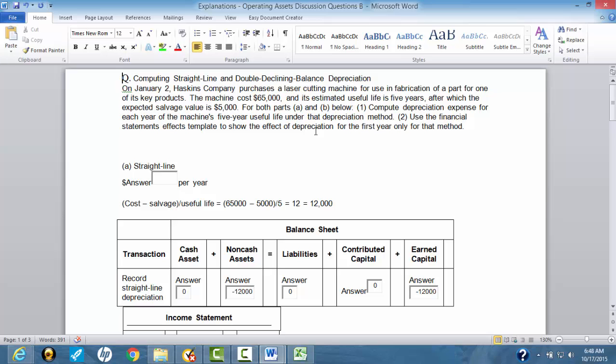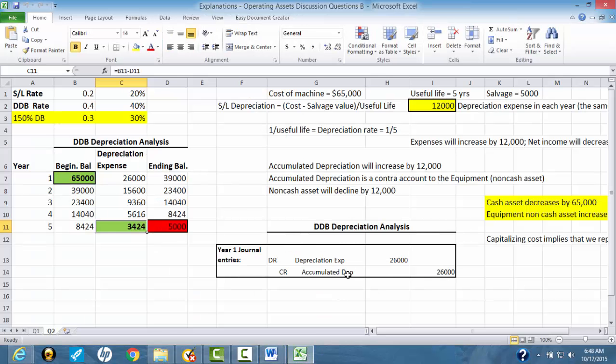Let's start off with the straight line method, and we would go to the Excel spreadsheet and review the analysis. The cost of the machine is $65,000. The useful life is estimated to be 5 years, right here. The salvage value is $5,000.